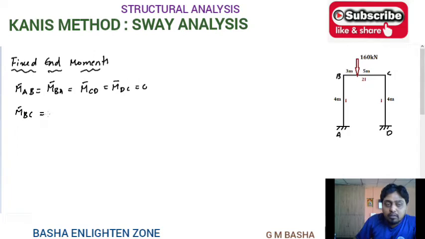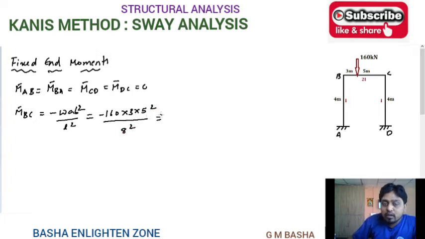And what about M bar BC? M bar BC will be equal to minus W A B square by L square. Here what is A? That is 3. And what is B? 5. The total span length is 8. If you simplify this, you will get the value minus 187.5 kilonewton meter.